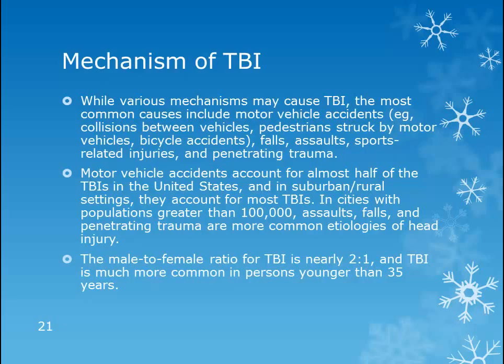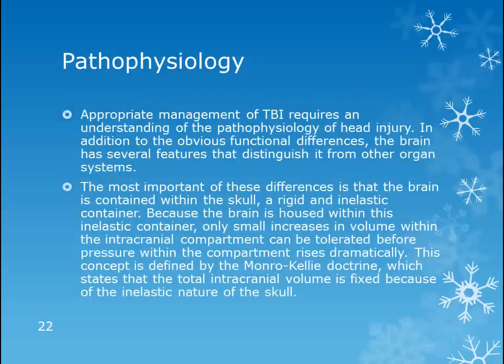Motor vehicle accidents account for almost half of the traumatic brain injuries in the United States, and in suburban and rural settings they account for most traumatic brain injuries. In cities with populations greater than 100,000, assaults, falls, and penetrating trauma are more common etiologies of head injury. The male to female ratio for traumatic brain injury is nearly 2-to-1, and traumatic brain injury is much more common in persons younger than 30 years of age.